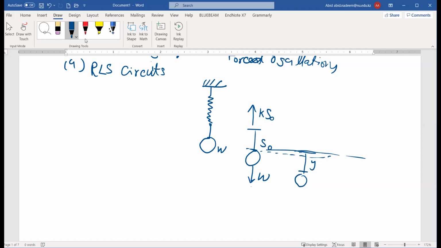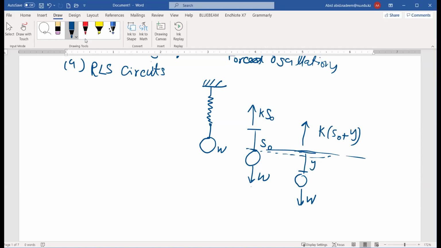There is an upward force and a downward force. The downward force is the weight. The upward force will be equal to K times S0 plus Y, the total extension in the spring.